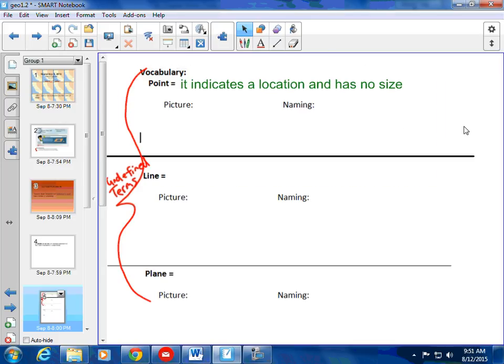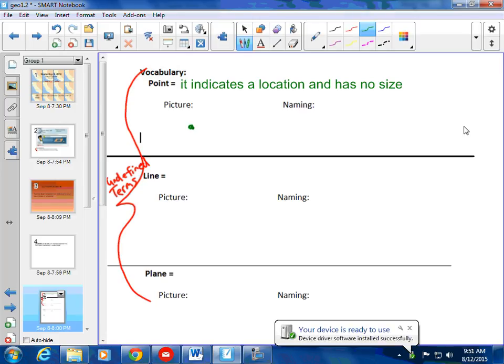That's important. A picture of a point. Well, it's pretty easy. Just make a point on your paper. But an important thing to know about a point is that it always needs to be labeled. So this needs to be labeled with a capital letter. All right, how to name it? Naming it, always labeled with a capital letter.